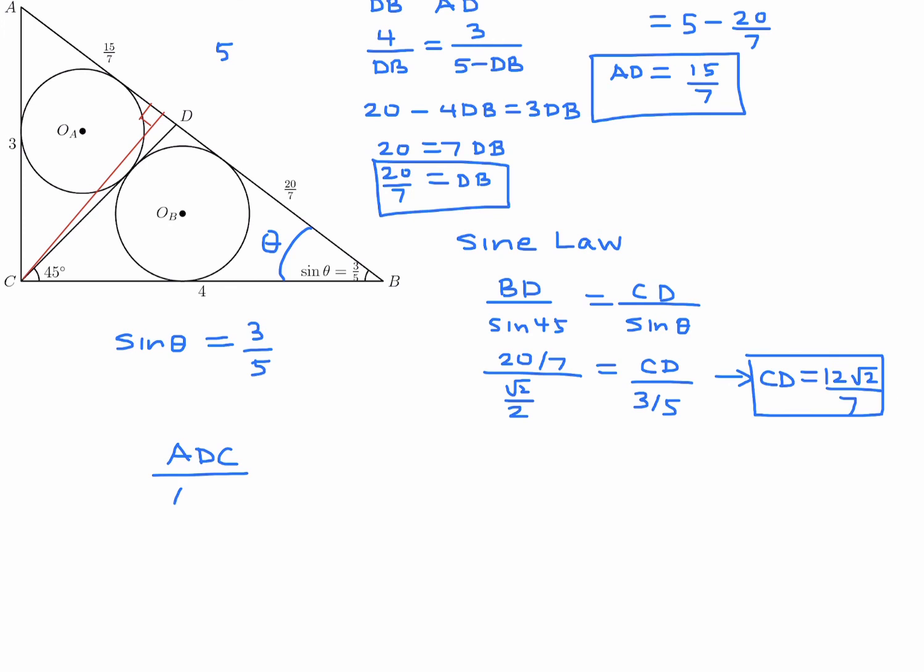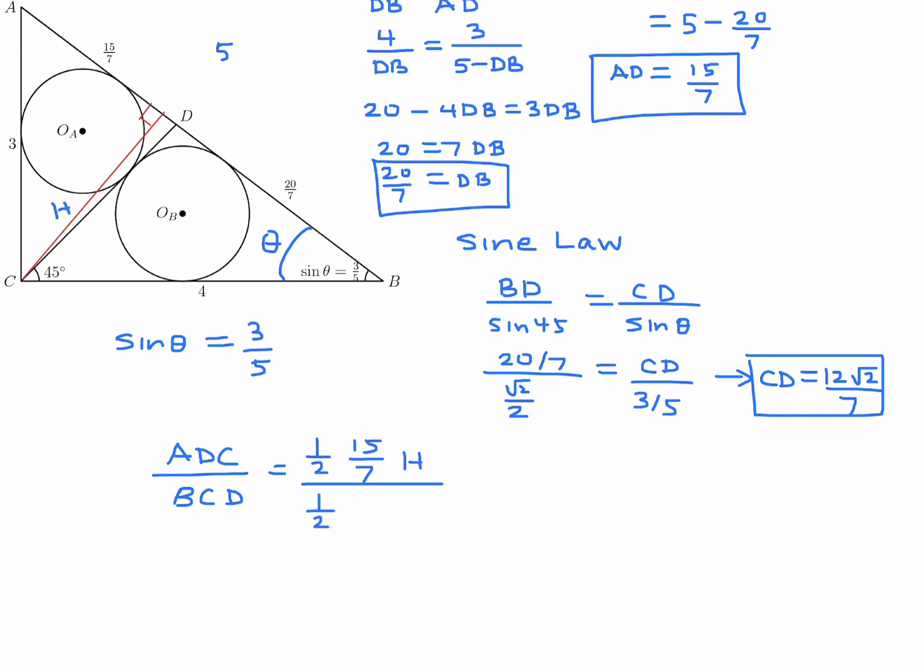The area of ADC over the area of BCD can be connected as follows. ADC is what? 1/2 base times height, right? Well, the base of ADC is AD, which is 15 over 7. We calculated that. And multiply that by height, where height is this red line that I just drew.